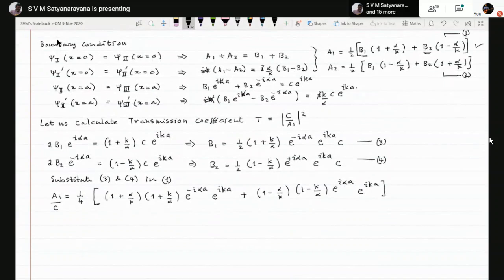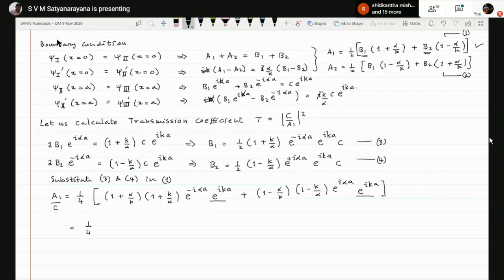So you can see that this is nothing but k plus alpha by k, alpha plus k by alpha. So I can write this as 1 over 4. This e power i k a is a term which is sitting here and here.